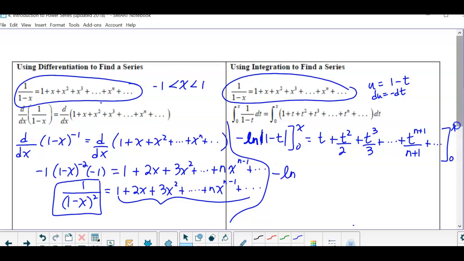So ln of 1 minus x, minus, you're subtracting a negative, so that's adding ln of 1 minus 0, which is ln of 1, which is actually 0. That equals, substituting, x plus x squared over 2 plus x cubed over 3 plus x to the n plus 1 over n plus 1.